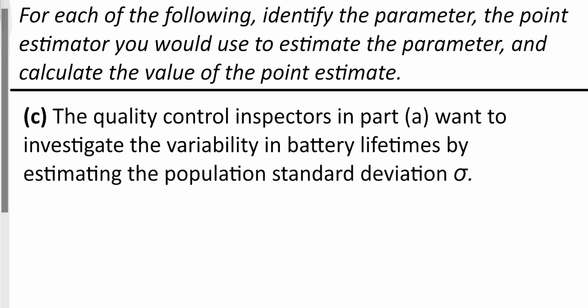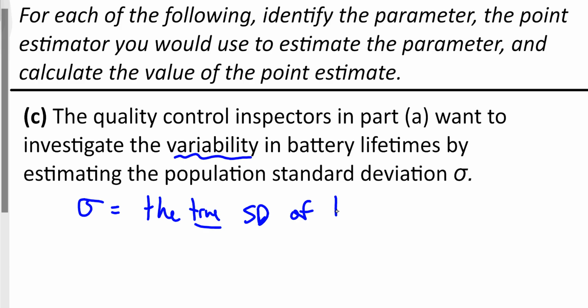It says the quality control inspectors in Part A want to investigate the variability. You see variability. Usually we're going to think standard deviation by estimating the population standard deviation sigma. So sigma is the true standard deviation of battery life.